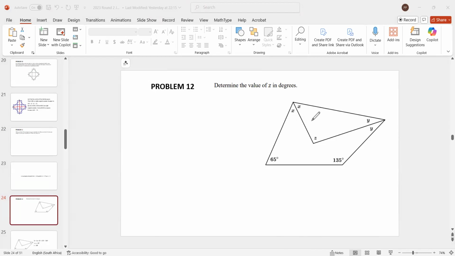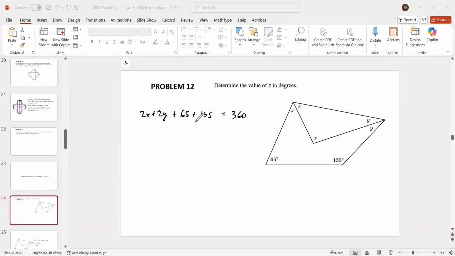If you add the interior angles of a quadrilateral, you get 360 degrees.